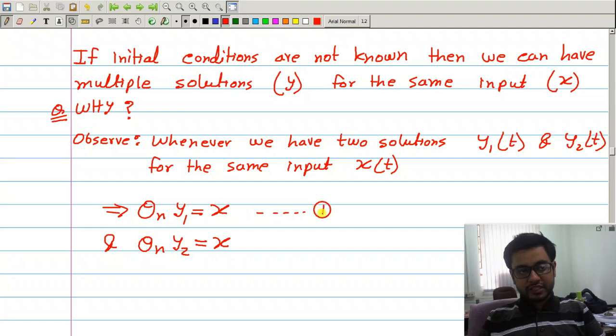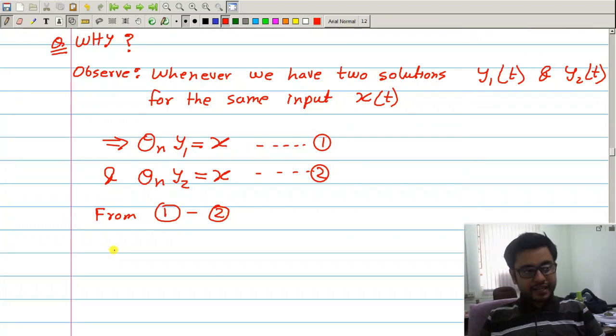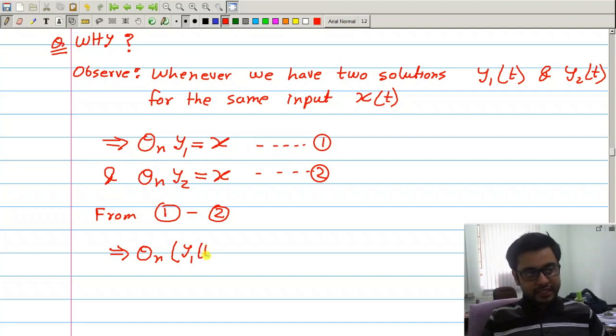If I call this equation 1 and this equation 2, then from 1 minus 2 we shall get O_N acting on y1(t) minus y2(t) is equal to x minus x, which is equal to 0.